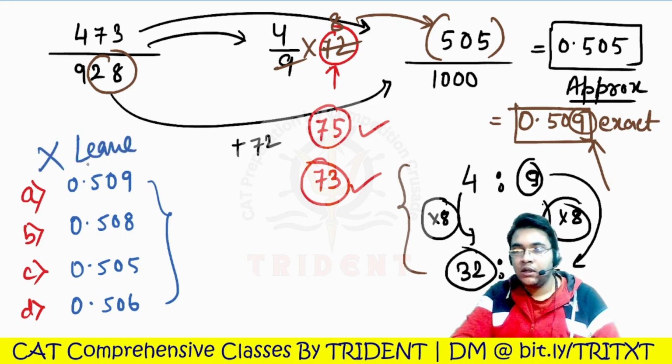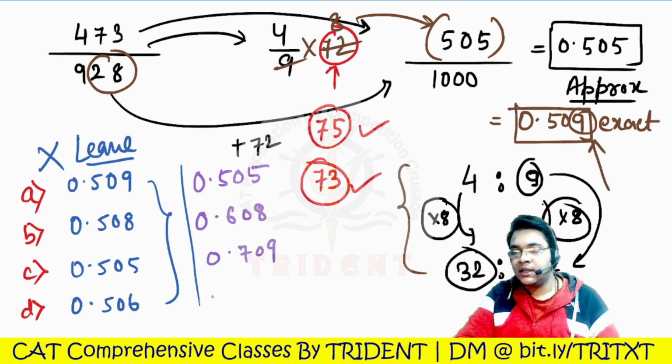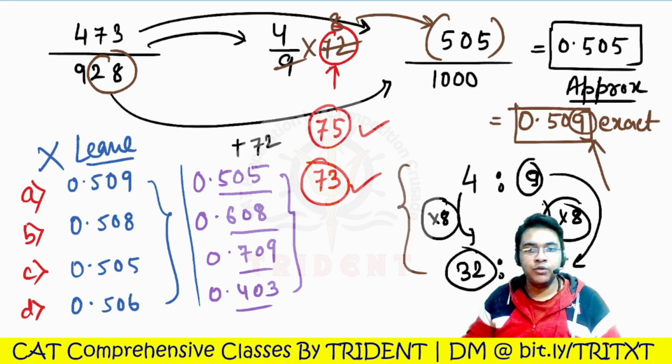The options should ideally be given to you like 0.505 or 0.509, 0.608, 0.70, 0.403. They should be far apart. If they're not far apart, this is not a question that you can do. You're not a human calculator.